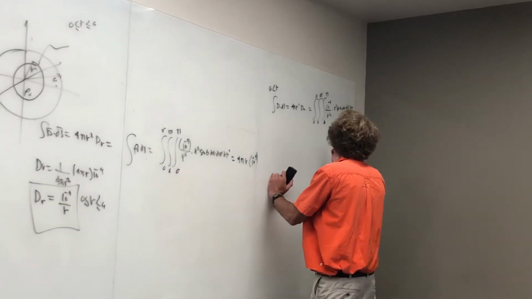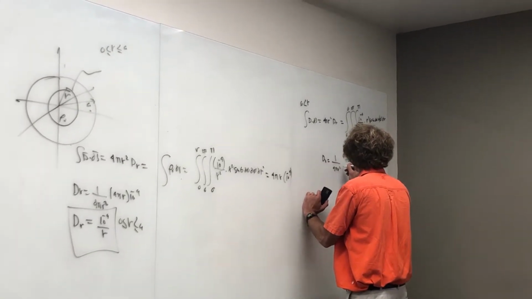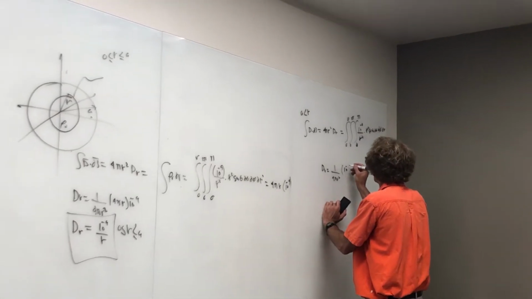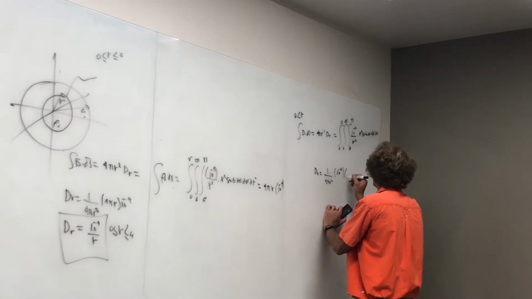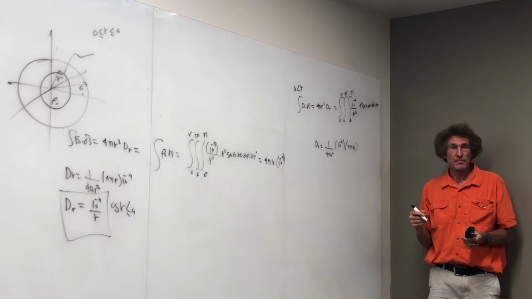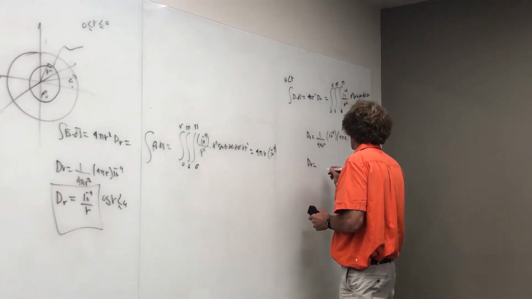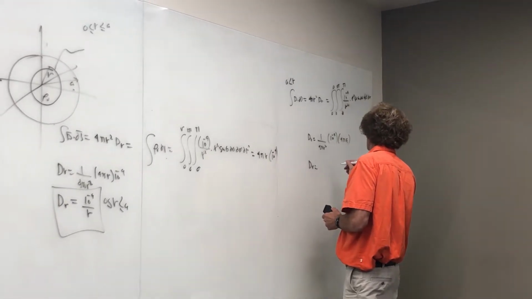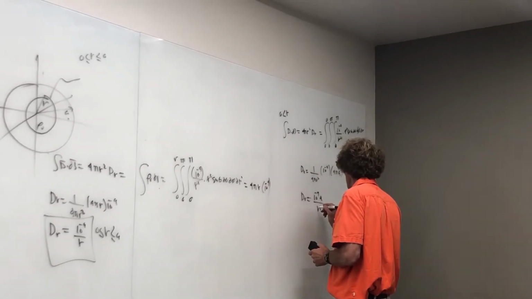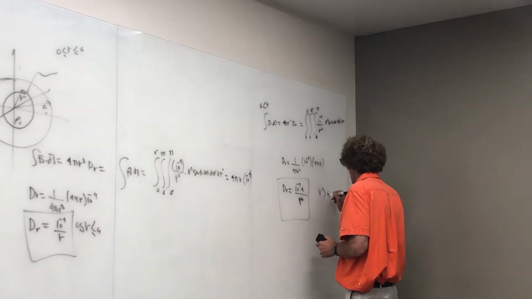Now, here, Dr is equal to 1 over 4 pi r squared, and then the r squareds cancel there. I have 10 to the minus 9, and then I have 4 pi a, don't I? Agree? And here, you can see the 4 pi's cancel, and so I have 10 to the minus 9th a over r squared is equal to Dr, and that's for r greater than a.